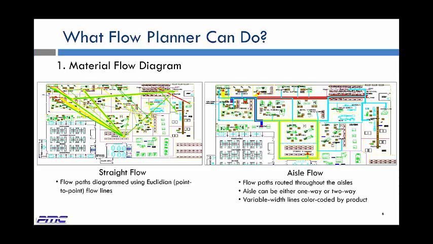One of the interesting things in the flow planner is that it automatically calculates the distance and the time. And of course, if you put some dollar amounts on the time, then it calculates the cost also.